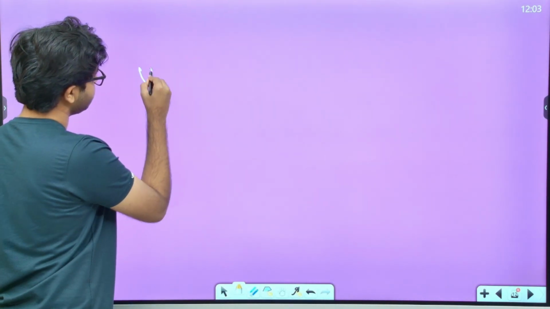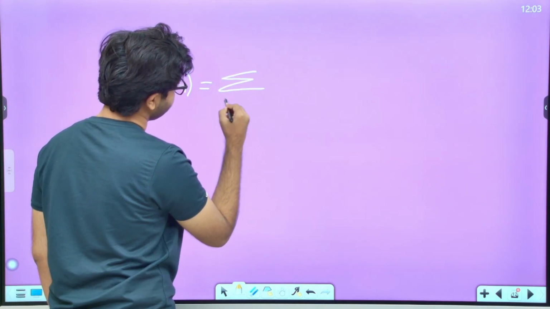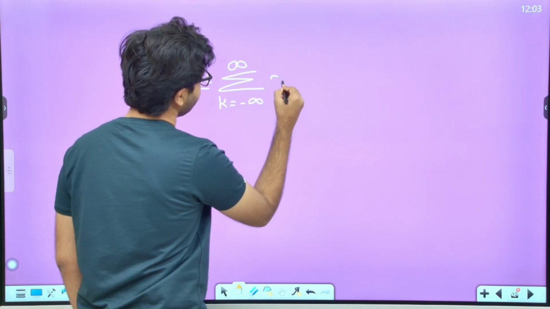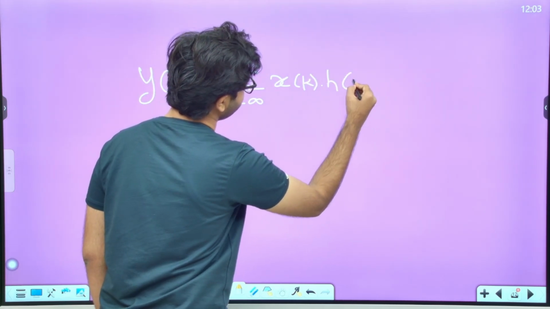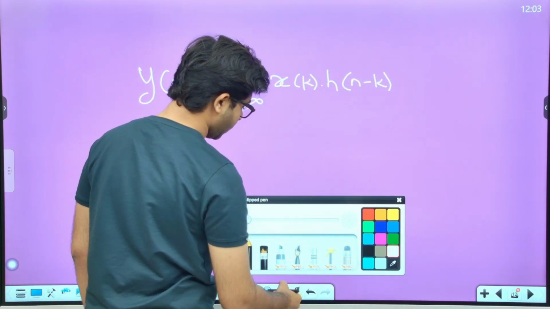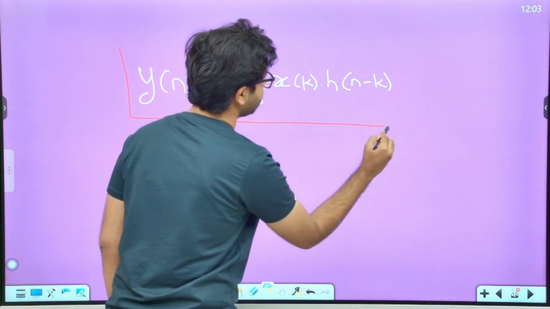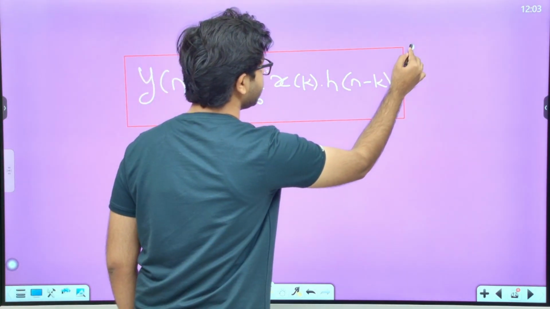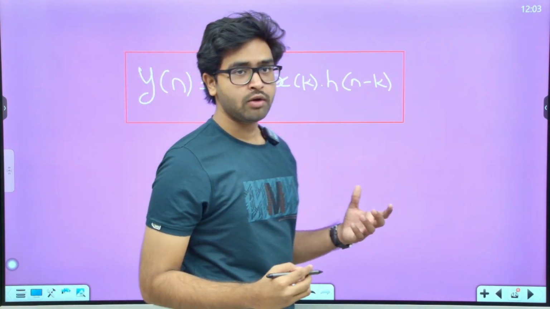That formula is y of n is equal to summation k equals minus infinity to infinity x of k, h of n minus k. This formula is very important for all types of exams, including the GATE examination, because convolution is a very basic concept and we need to understand it thoroughly.